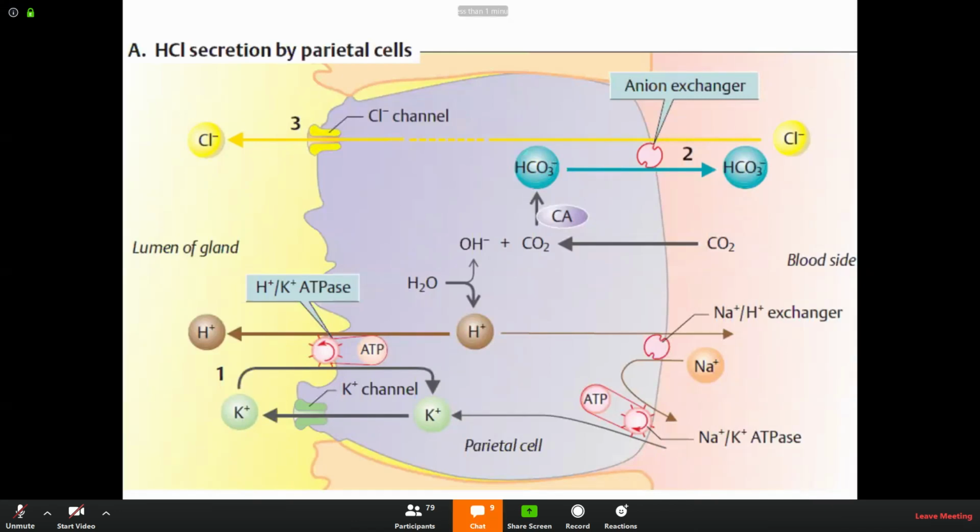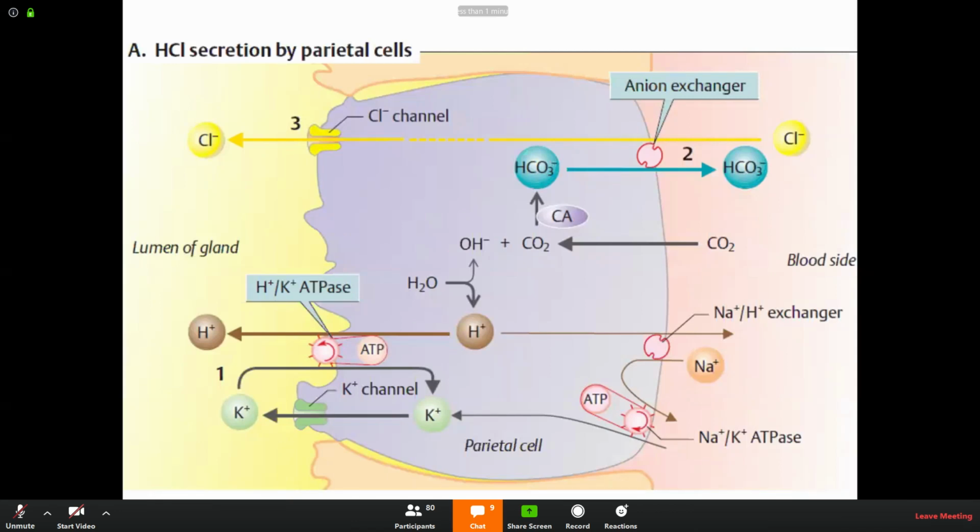Water is dissociated into hydrogen and hydroxide ion. Hydrogen ion is actively pumped to the lumen of the parietal cell by the hydrogen potassium ATPase pump. This is the active transport.